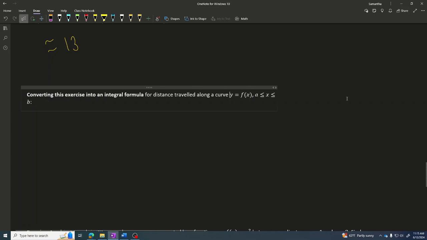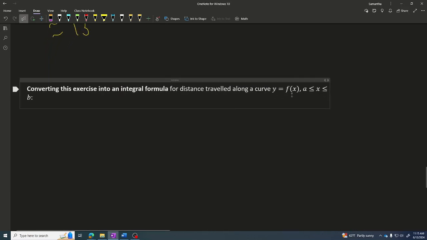And let's suppose that y and x are related by some function, which I'll call f of x. Y is equal to f of x. So that's the relationship between the vertical position of the object and the horizontal position of the object. Let's also suppose that as this object is moving, it is moving between x values that at the smallest are a and at the largest are b.